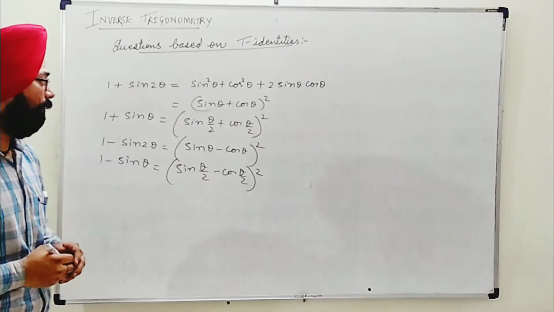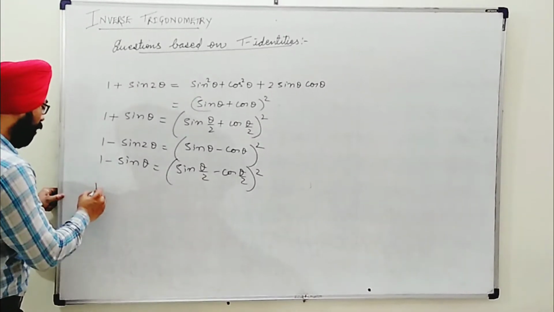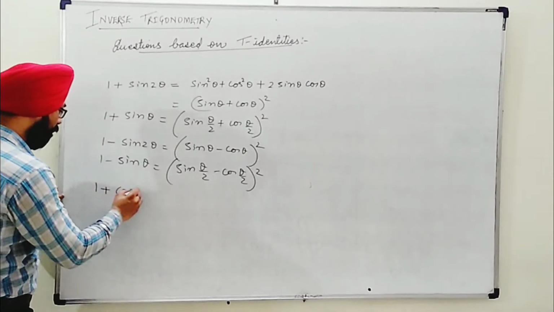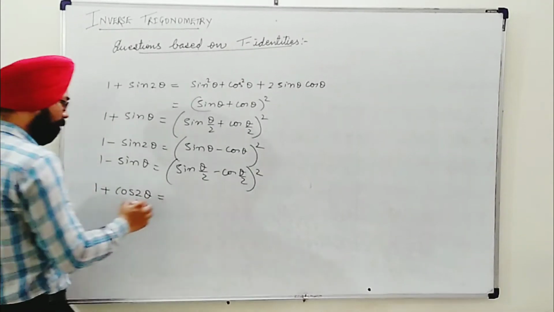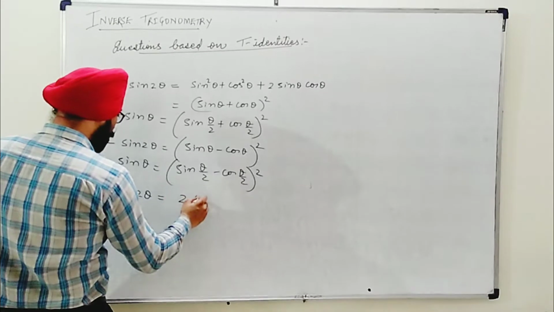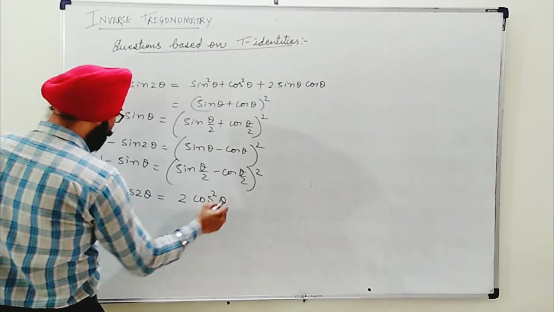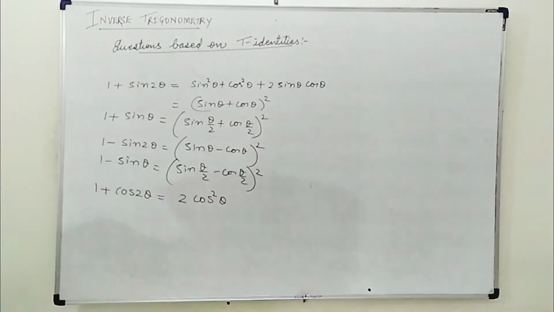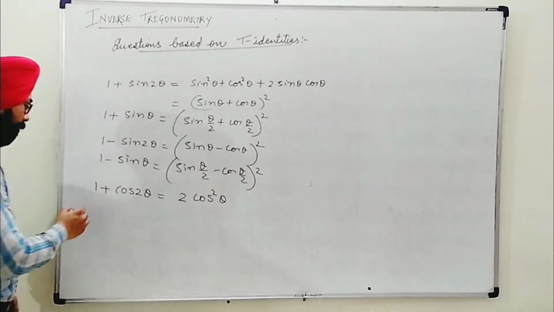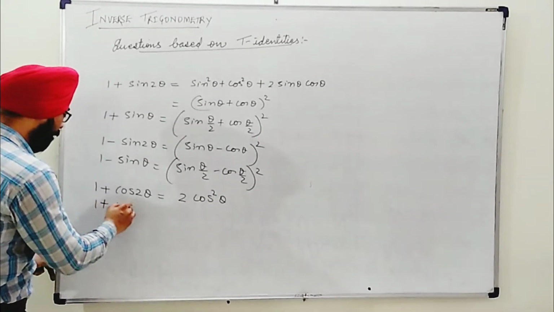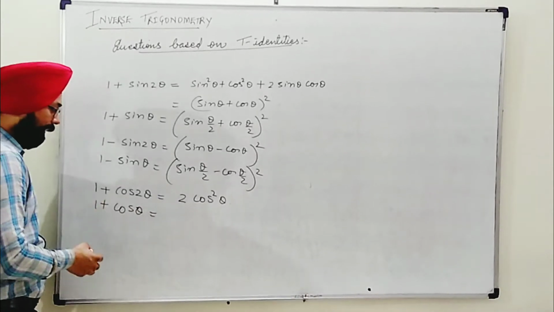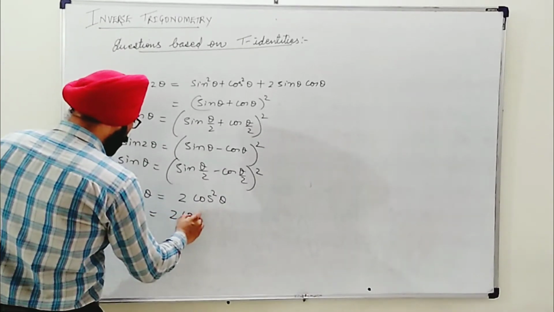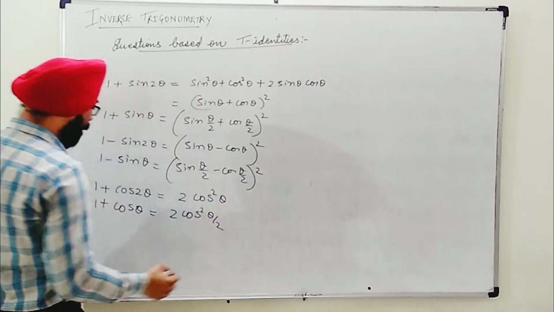More are there. With the help of cos theta identities, 1 plus cos 2 theta is directly used as 2 cos square theta. Or if I take 1 plus cos theta, this will be taken as 2 cos square theta by 2.